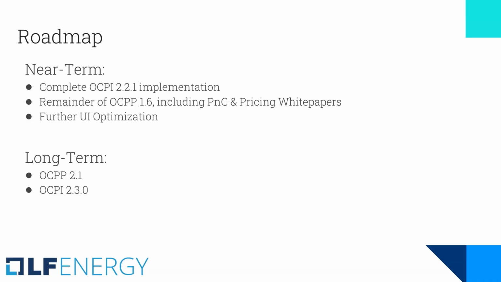The -20 version of the plug-in charge protocol includes extended support for vehicle-to-grid charging, as well as for multiple contract certificate scenarios. So that more advanced form of plug-in charge is primarily what is new in 2.1.